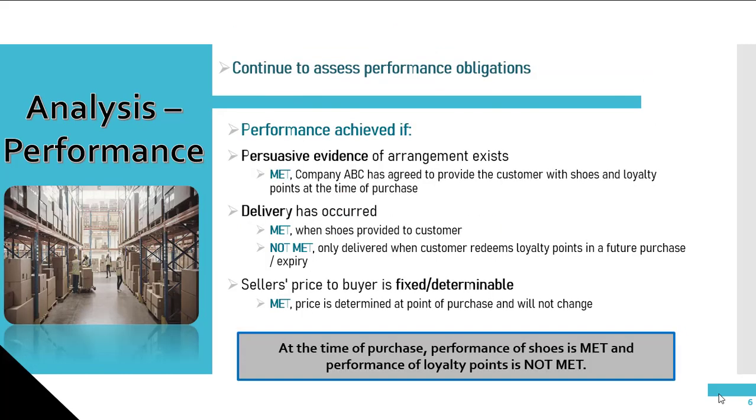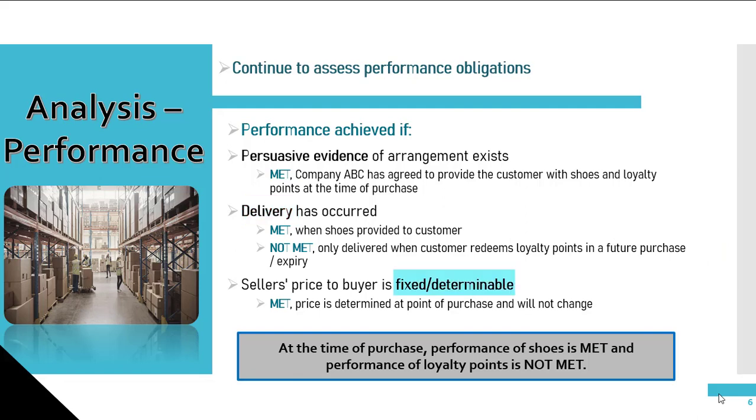Continuing on with performance, persuasive evidence of an arrangement must exist. This is met as company ABC has agreed to provide the customer with shoes and loyalty points at the time of the purchase, and the customer has agreed to provide company ABC with money. Delivery must also have occurred. This is met when the shoes have transferred to the customer at the point of sale. However, this is not met for the loyalty points yet, as this is only delivered to the customer when they redeem the points at a future date.